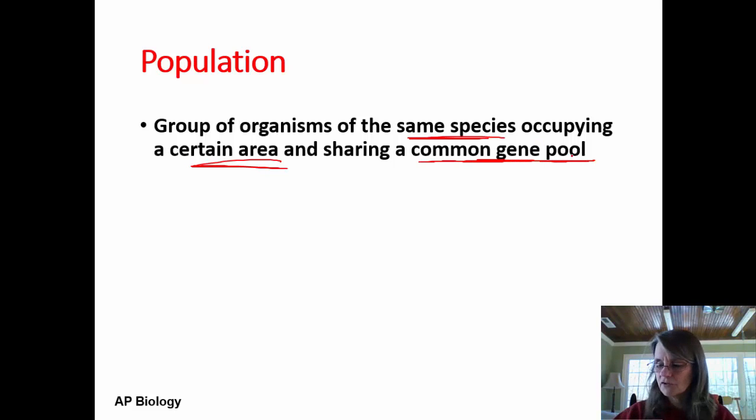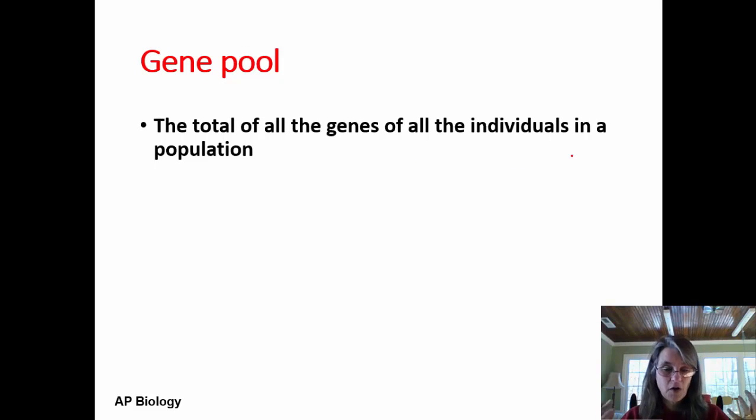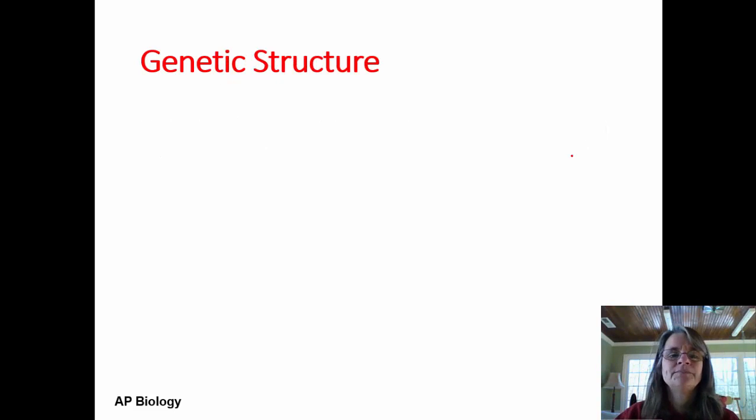Now, we've just introduced another term, so let's identify that one. A gene pool is the total of all the genes of all the individuals in a population. If you've got a population of deer in your neighborhood, if you took all their genes and dumped them into a bucket, that's their gene pool.